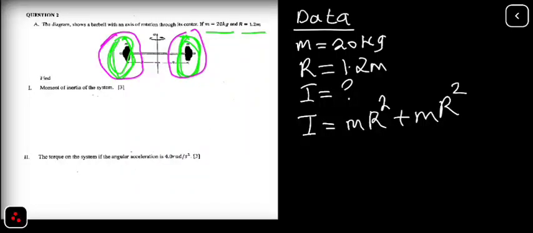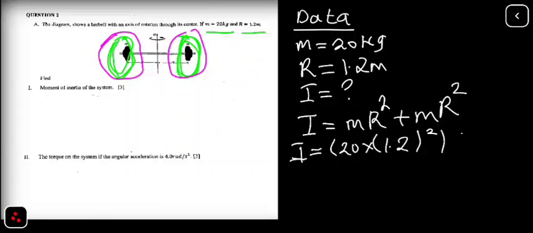So plugging in the values, the moment of inertia is equal to 20 times 1.2 squared, plus 20 times 1.2 squared.